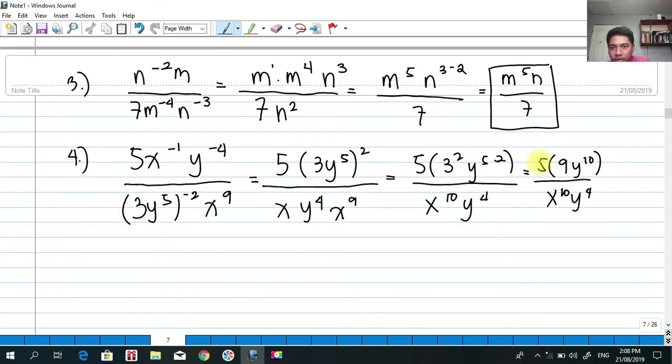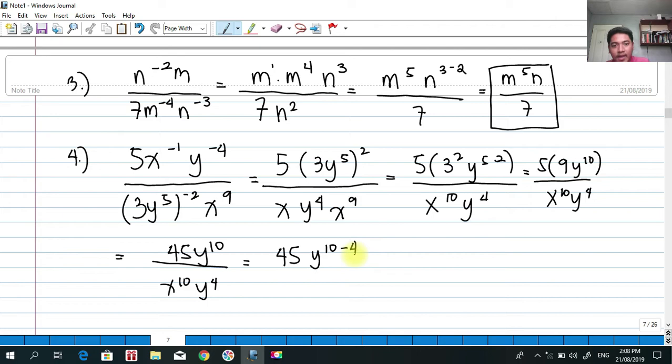So we can distribute this 5 still to simplify our equation. We have 45 y raised to 10 over x raised to 10 y raised to 4. So we can still simplify this y term. So 45 y raised to 10, this is in denominator. So according to our property, we need to subtract that.